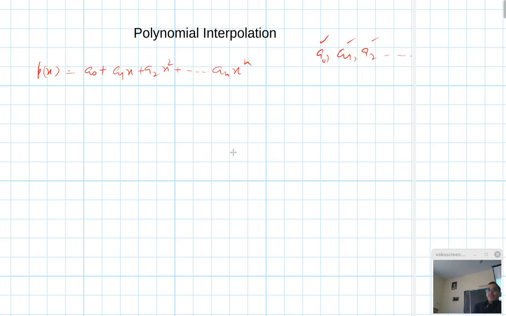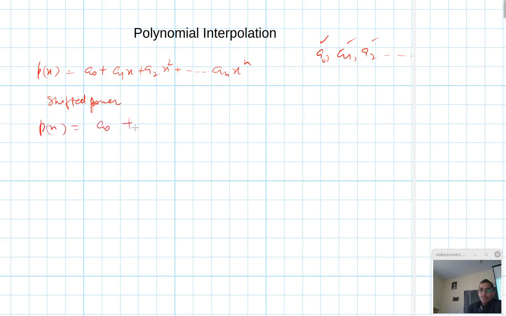Then there is another way to represent a polynomial, that is the shifted power form.